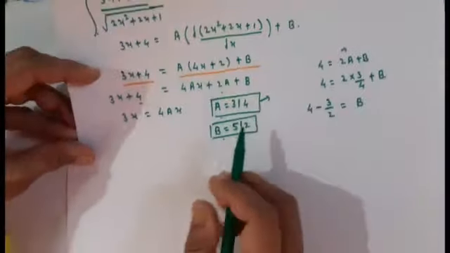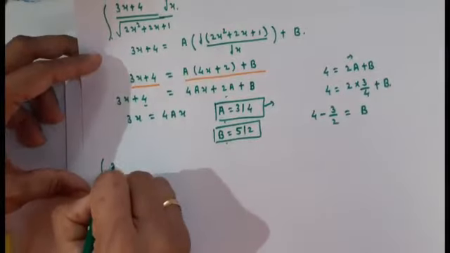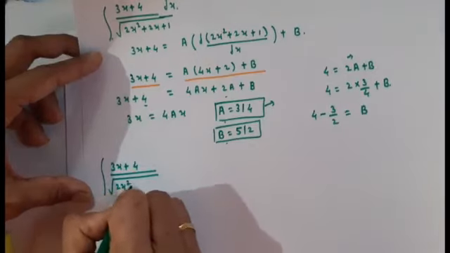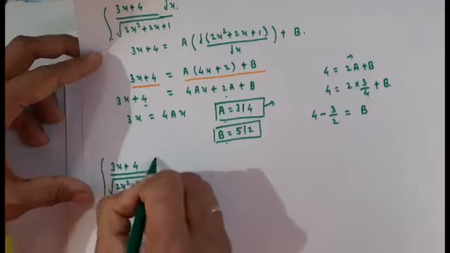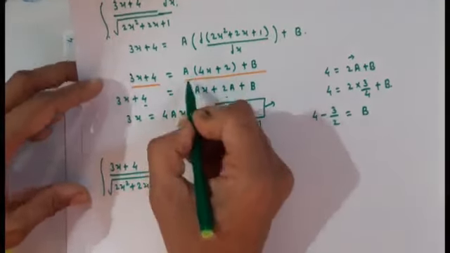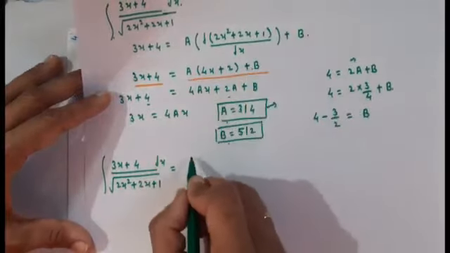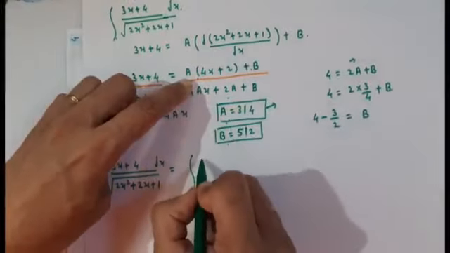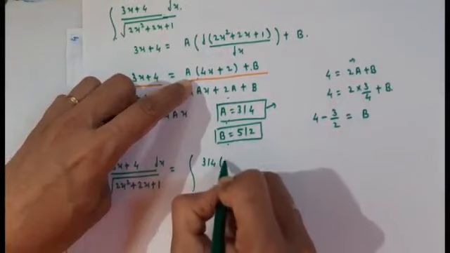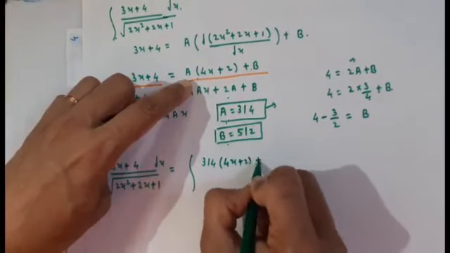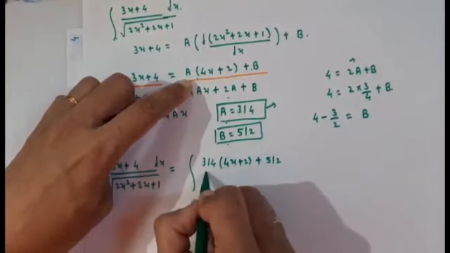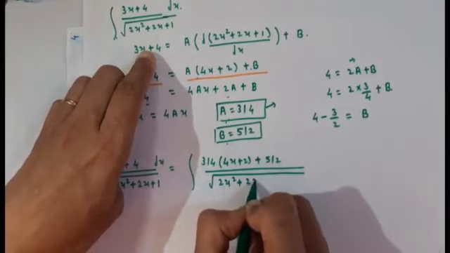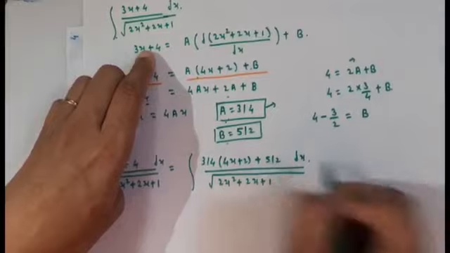So the numerator in the integration, that is the integration of 3x plus 4 upon square root of 2x square plus 2x plus 1 with respect to x, by putting the values of a and b, we can write 3x plus 4 equal to a into, what is the value of a? a is 3 by 4, 3 by 4 into 4x plus 2 plus b, b is 5 by 2, upon square root of 2x square plus 2x plus 1 with respect to x.